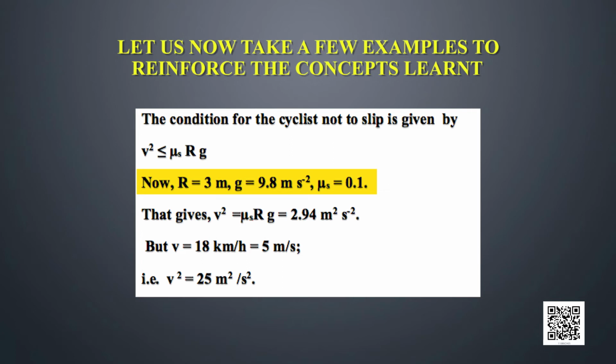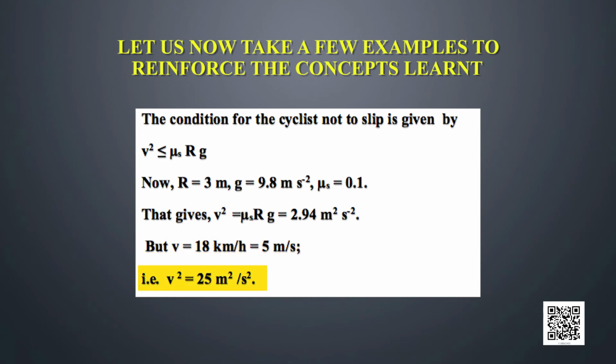So, using g equal to 9.8, we get v square is equal to 2.94 meter square per second square. For the cyclist, the speed is 18 km per hour, which on conversion to SI units gives you 5 meter per second.